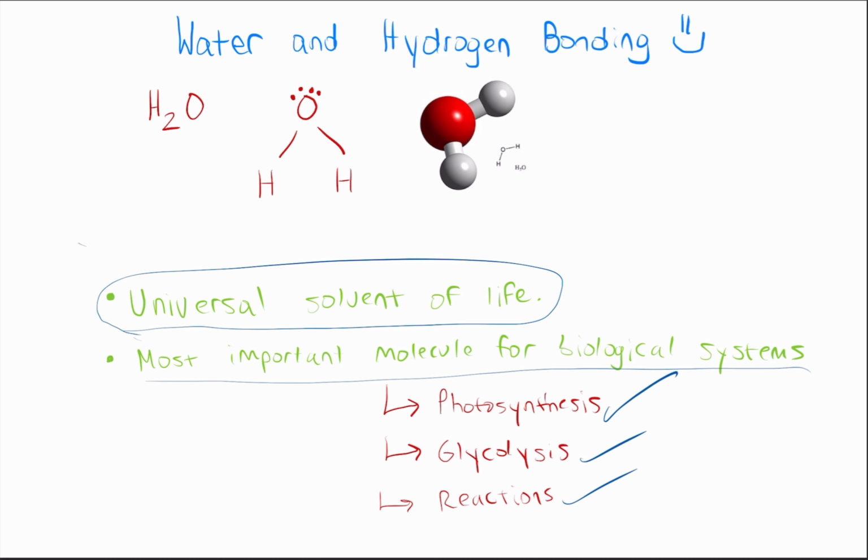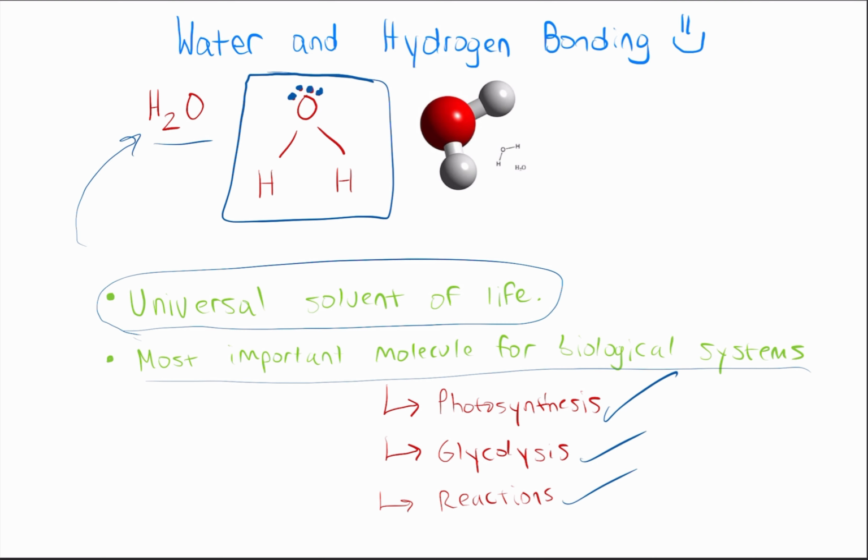And up here we have some structure, H2O. So we know that water has two hydrogens and one oxygen. And if we look even deeper, we have the electrons here for oxygen and then the two hydrogens that it's connected to.